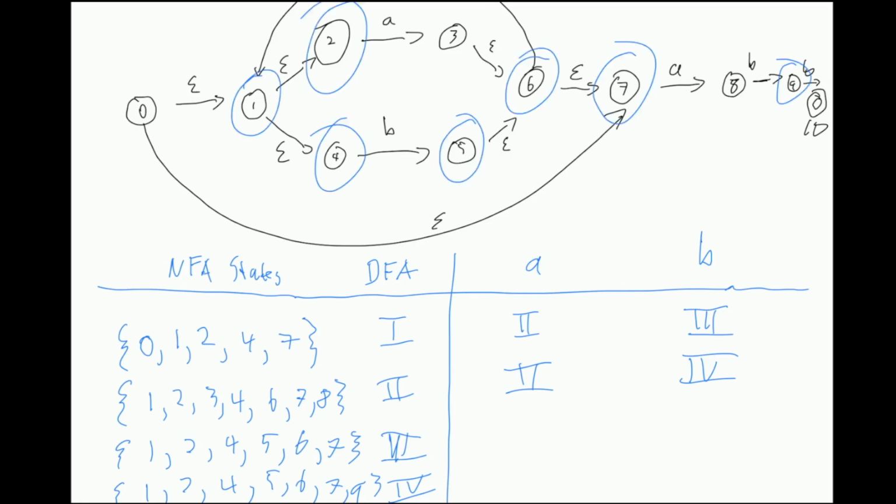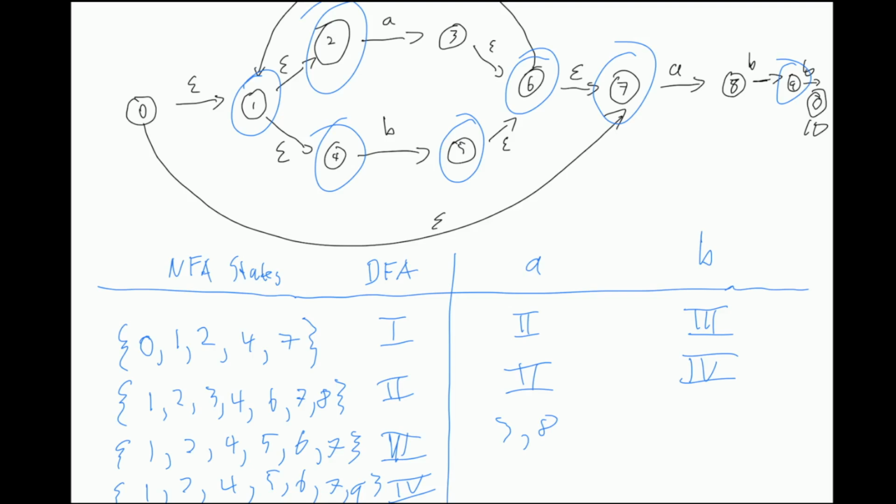All right, so we're in state 4. If we see A, what state transitions happen? 2 to 3 happens, and 7 to 8 happens. And so just like before, we enter 3 and 8.